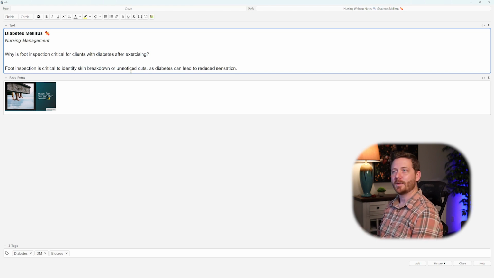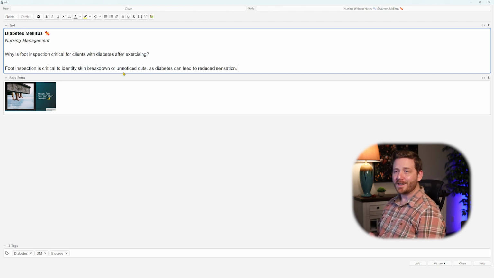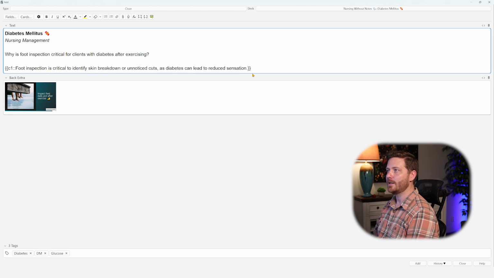So we really need to make sure they're checking their feet throughout the day, and especially when it comes to exercising. Because I know that even after I get through exercising, sometimes I might get a little blister here and there, depending on how hard I go. Yeah, foot inspection is critical. Let's add that in there.